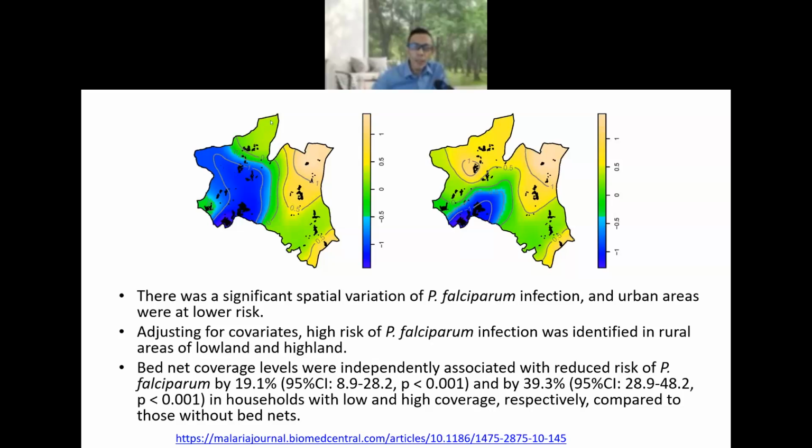You just identify maybe 100 villages or 200 villages, or 100 klinik kesihatan or 200 klinik kesihatan, or you do 100 or 200 camp kesihatan, and you ask people to come in and then you take blood. Then the location of the klinik kesihatan or the camp kesihatan, you take the coordinates, and from there you can make this plot.